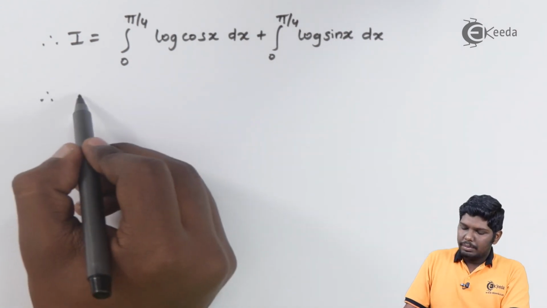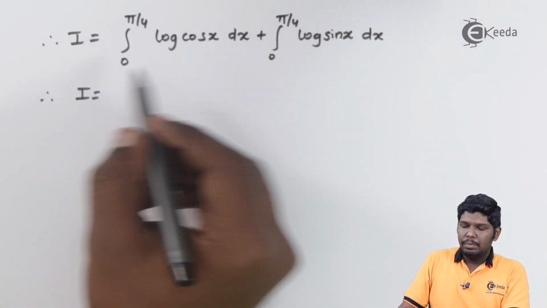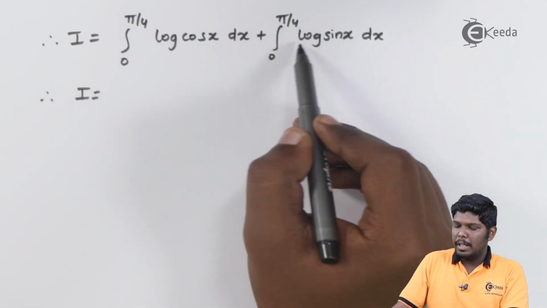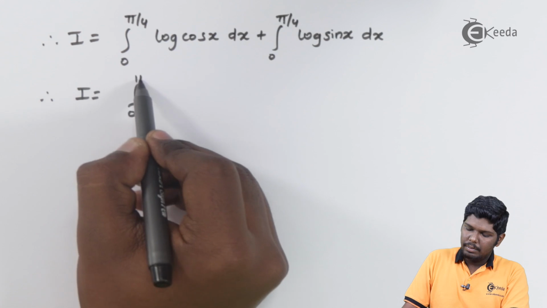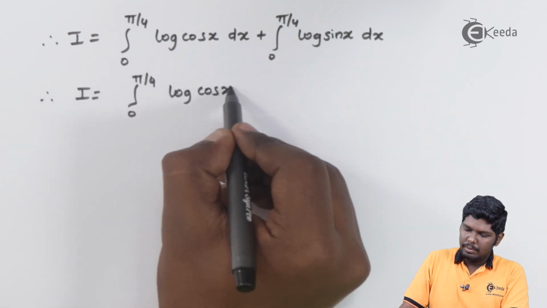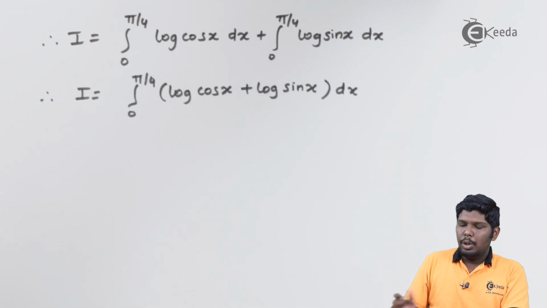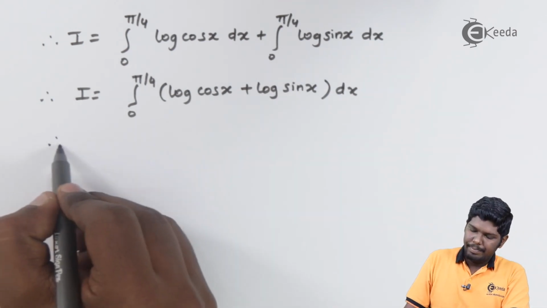Therefore, I is equal to, on adding these two integrals, we will get log of cos x plus log of sin x. Here you can use the property log a plus log b, that will give you log ab.